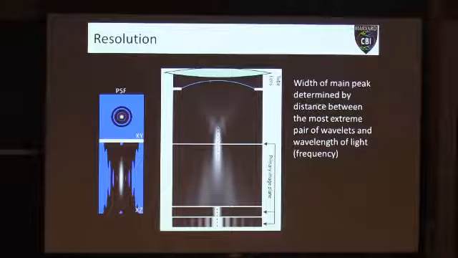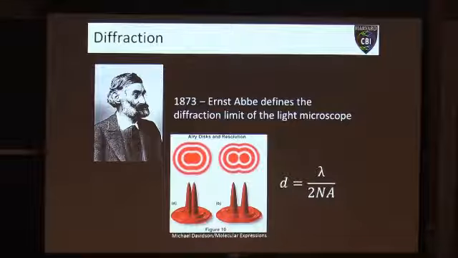Okay. So what determines the size of this blurry spot, or this point spread function? It's mainly determined by the distance between the most extreme pair of wavelets, so the wavelets that come at the edges here. And the other thing that's important too is the frequency of light, or the wavelength. So Sebastian spoke about this during his history of microscopy talk a little while ago.